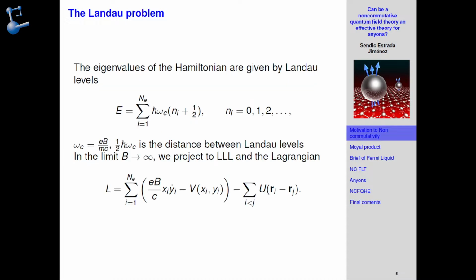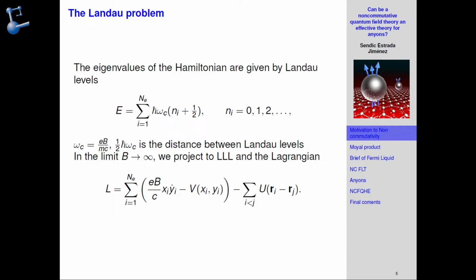When we calculate the eigenvalues of the Hamiltonian, as we know, they have this form. In the limit of very large magnetic field, we project to the lowest Landau level, and the Lagrangian can be written in this form.